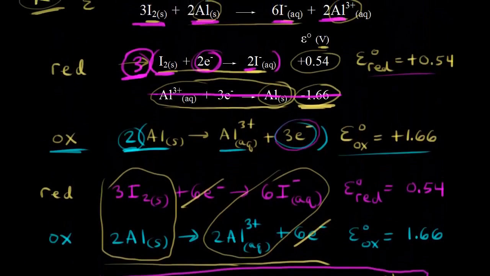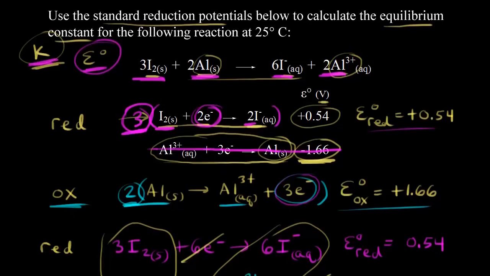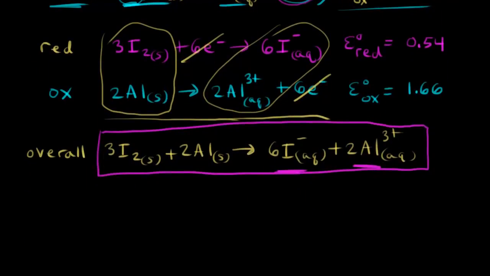Remember, our goal was to find the standard cell potential E0, because from E0 we can calculate the equilibrium constant K. We know how to do that from an earlier video. To find the standard cell potential, all we have to do is add our standard reduction potential and our standard oxidation potential.